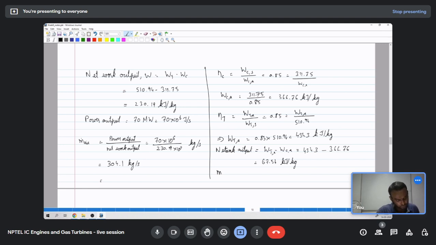So mass flow rate of air is power output by net work output.